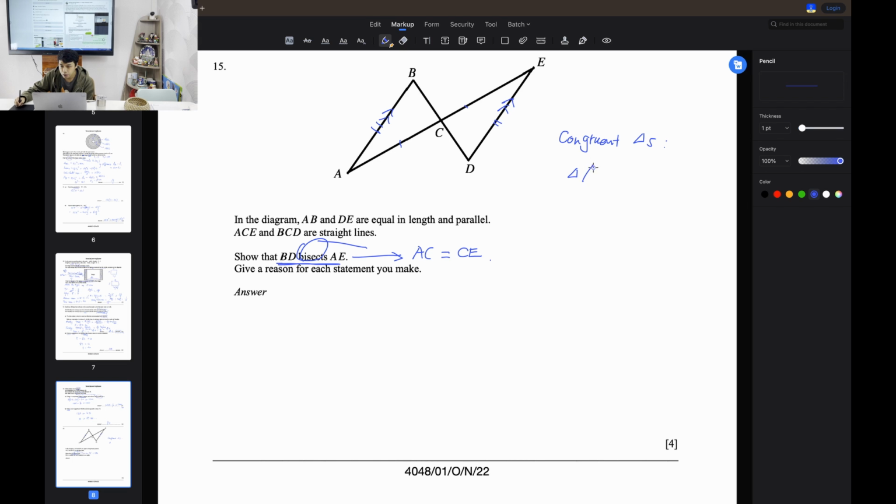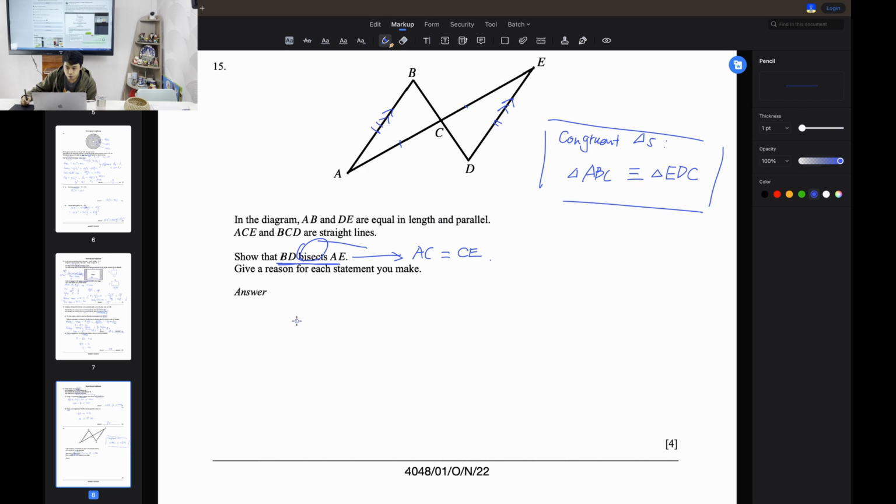Triangle ABC is most likely congruent to EDC, right? A corresponds to E, B corresponds to D, C corresponds to C. Write this one down. It will be easier for us to find the corresponding equal angles and equal sides.